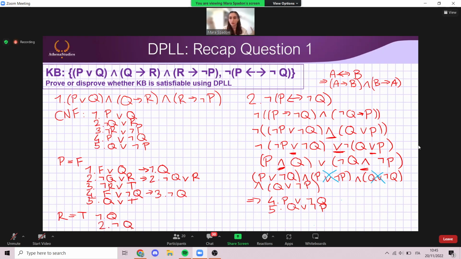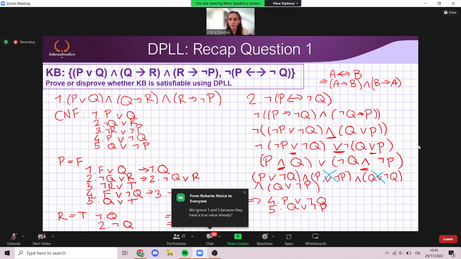So can we ever get to a conclusion where everything is true here? No, right? Because if we set q to be true, then we get true and false. If we set q to be false, okay. Yes, we ignore 3 and 5 because they have a truth value already. That is true. Exactly.